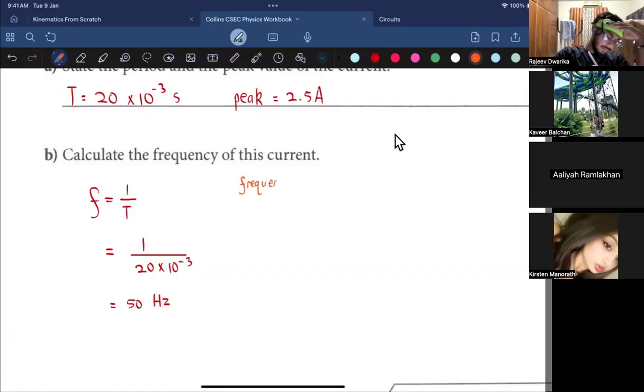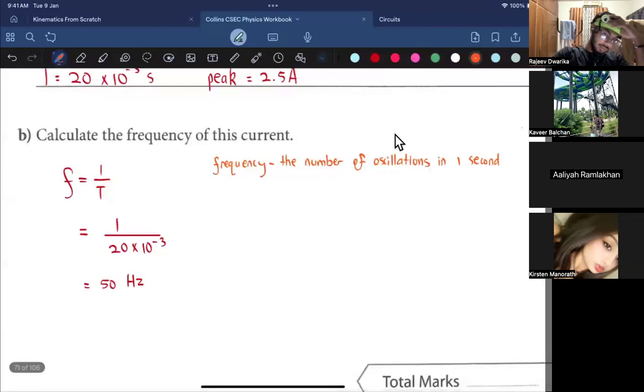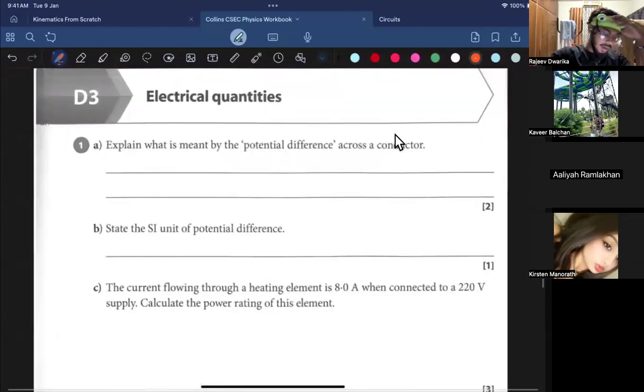Frequency is the number of waves, oscillations, in 1 second. Yep. So how many waves are you going to have in 1 second, according to this? 50. Yeah, that's correct. Cool, let's move on.